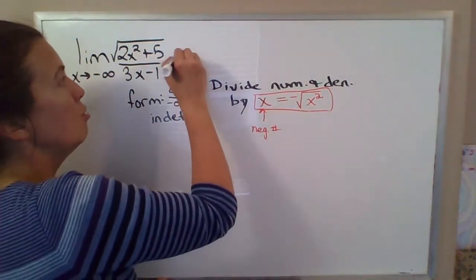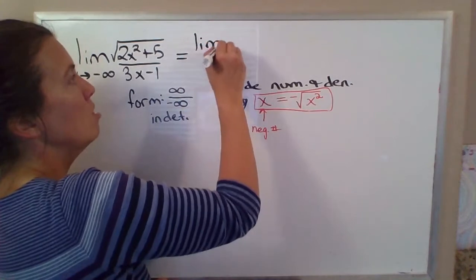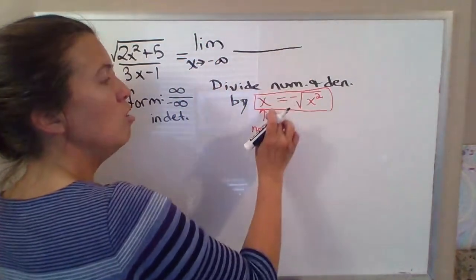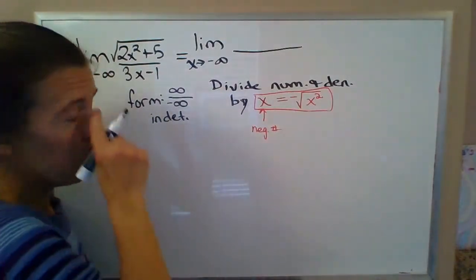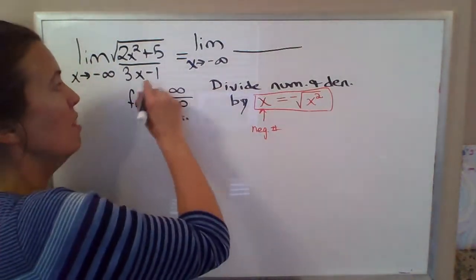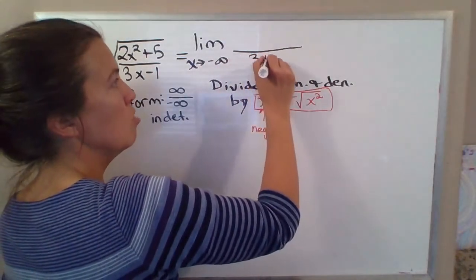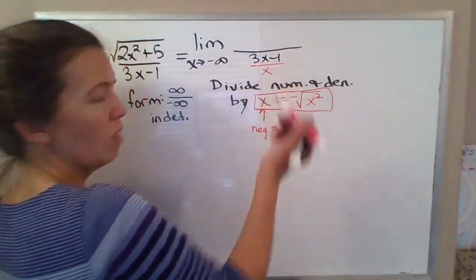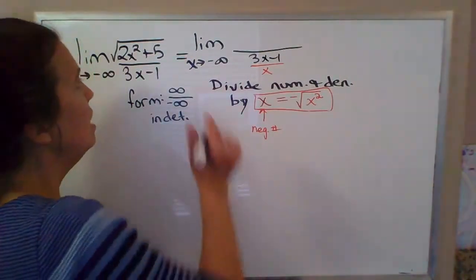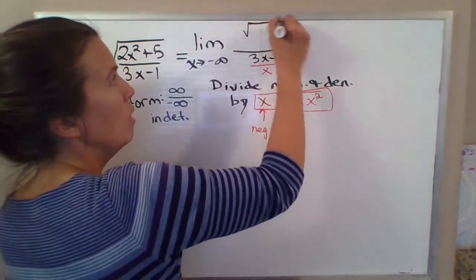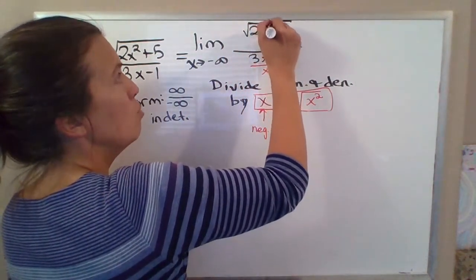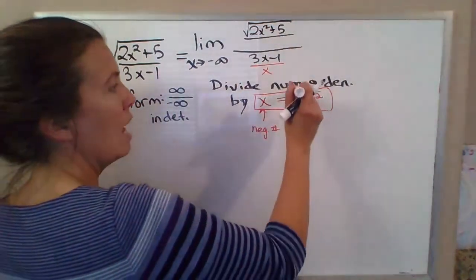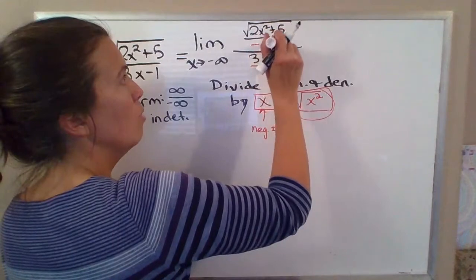Okay, so I'm going to divide the numerator and the denominator, using whichever form of this expression is more convenient. In the denominator, I see 3x minus 1. I'm going to divide it by x, because that's what I already have in the denominator. In the numerator, you have the square root of 2x squared plus 5, so I'm going to write it as negative square root of x squared.